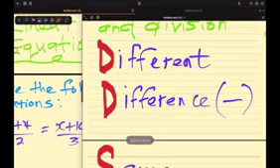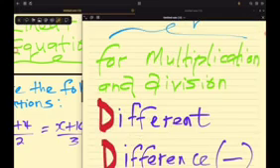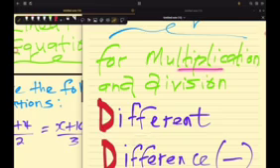I said, for multiplication and division in mathematics, don't limit this simple trick to linear equations only. Notice I didn't say for multiplication and division under linear equations.